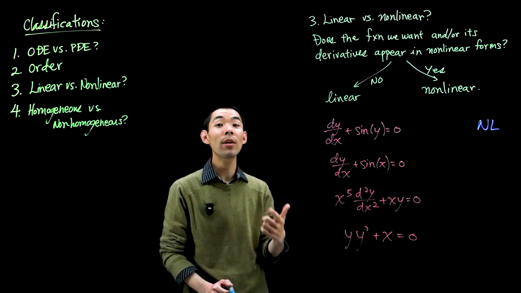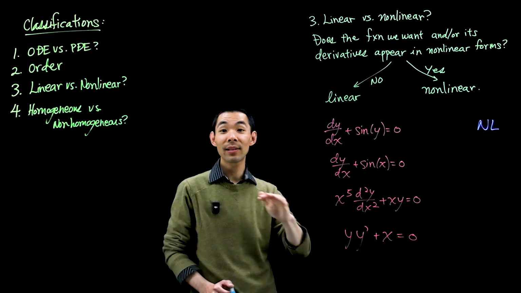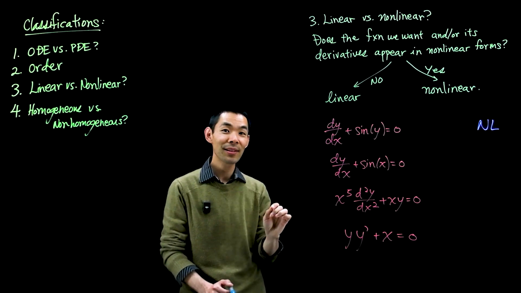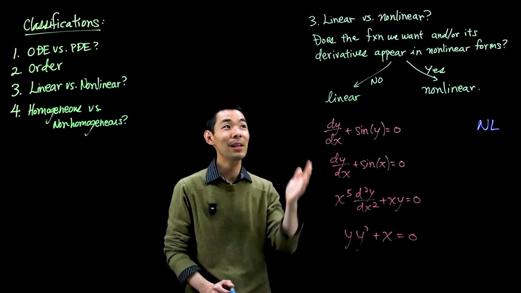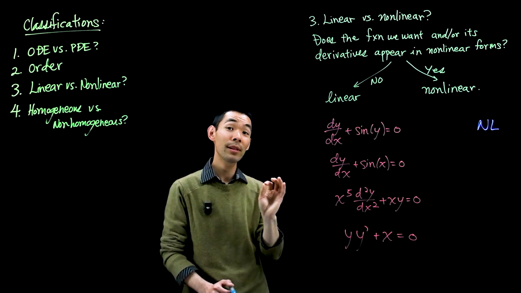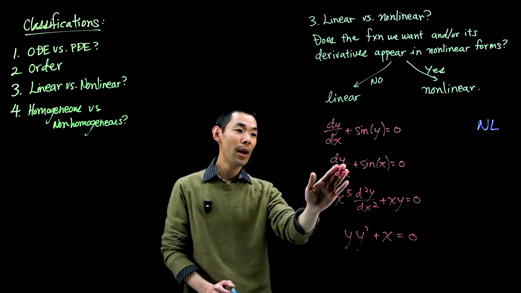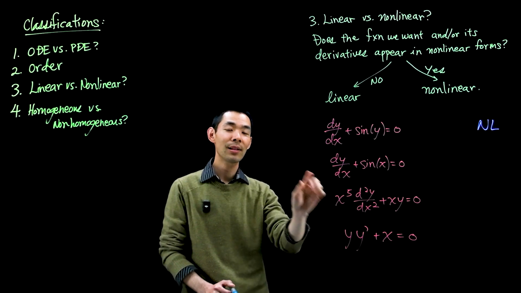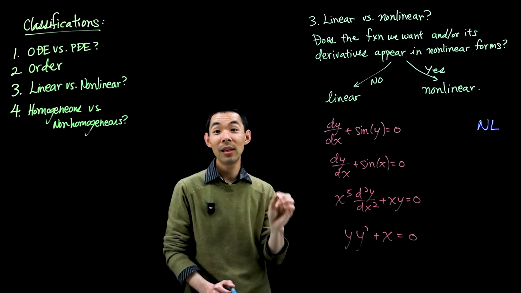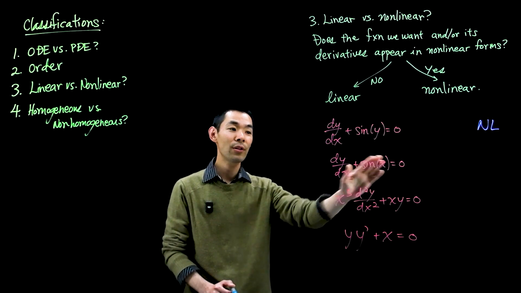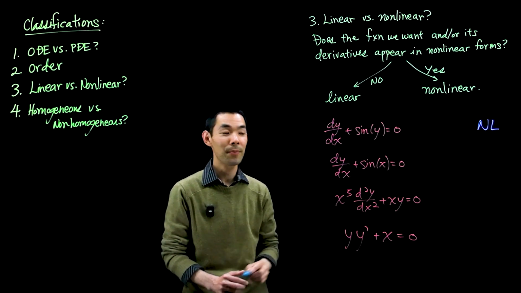It could be linear or nonlinear. So sine x is a nonlinear function of x, but it doesn't matter to us because all we care about is the function we want, which in this case is y. So you just look at y. In this case, it's just dy/dx. That's the only form of y that appears in this equation, and that's a linear term, and therefore this differential equation is a linear differential equation.